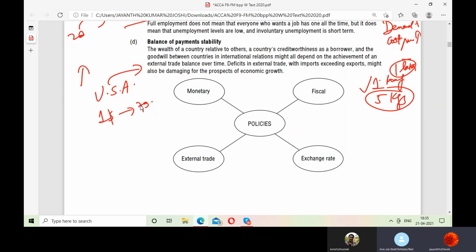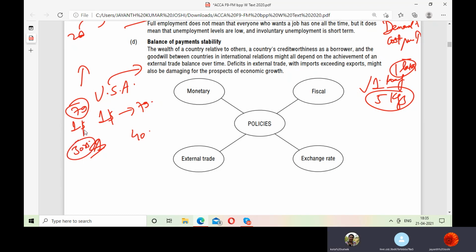Suppose you eat a McDonald's burger in India, how much are you paying for that? Okay, fine. If you want to buy bread in India, you pay 40 rupees, correct? If you want to buy bread in the US, you pay $1, and $1 is like 79 rupees in Indian currency. So you are paying more, correct?